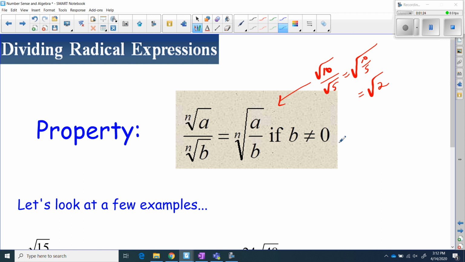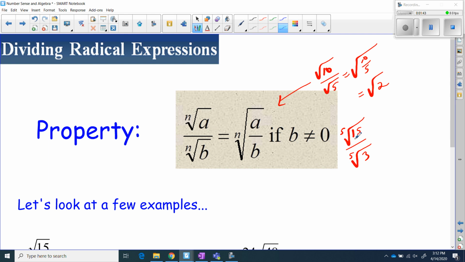That's all that means. If I had the fifth root of 15 divided by the fifth root of 3, they're both fifth roots.